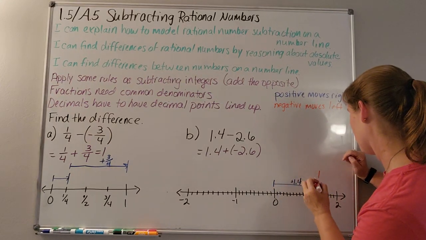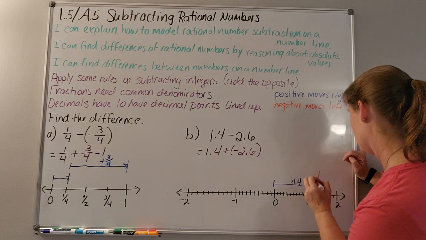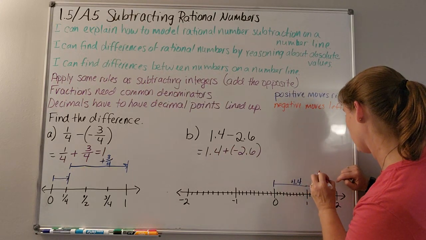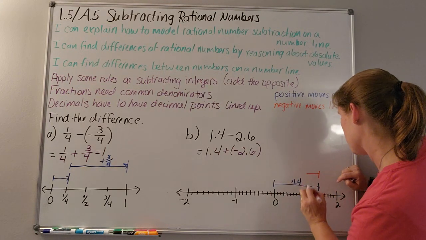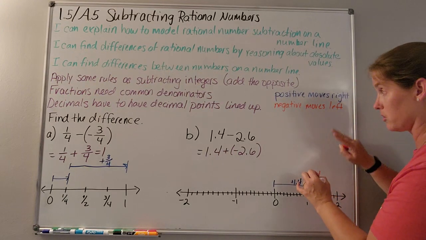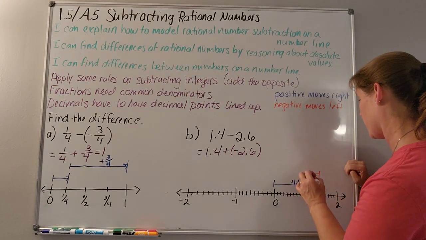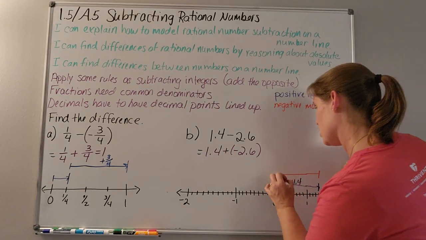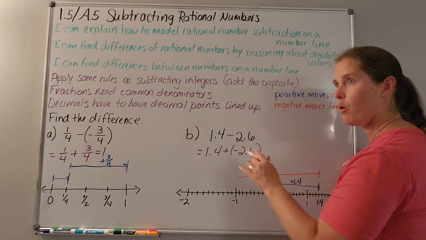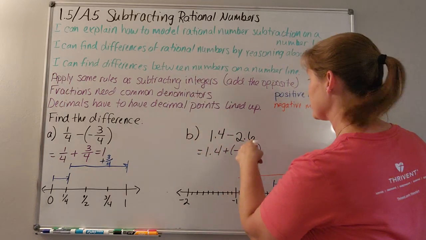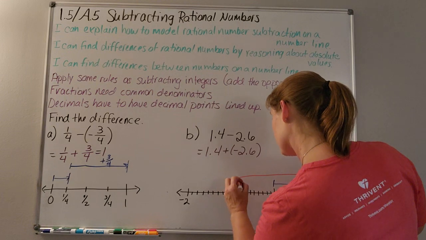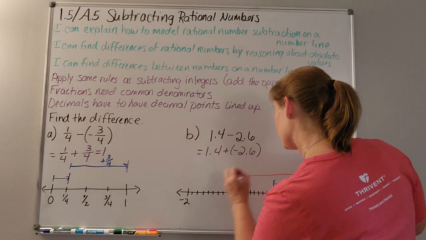That gets me going back 0.4. So remember, we've done 0.4. Now we're going to go back 1, 2. We've gone 2.4. We got to get to 2.6, so we got to go 2 more tenths. Right there.